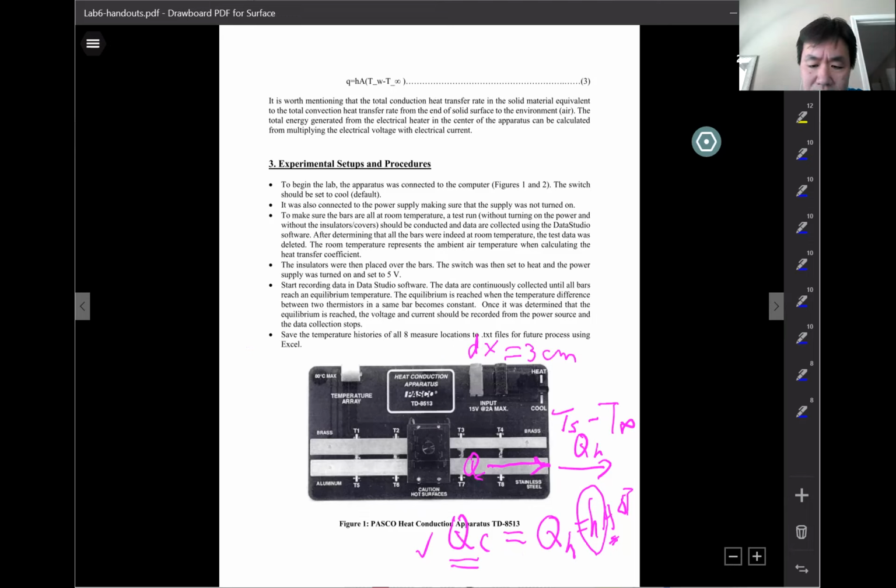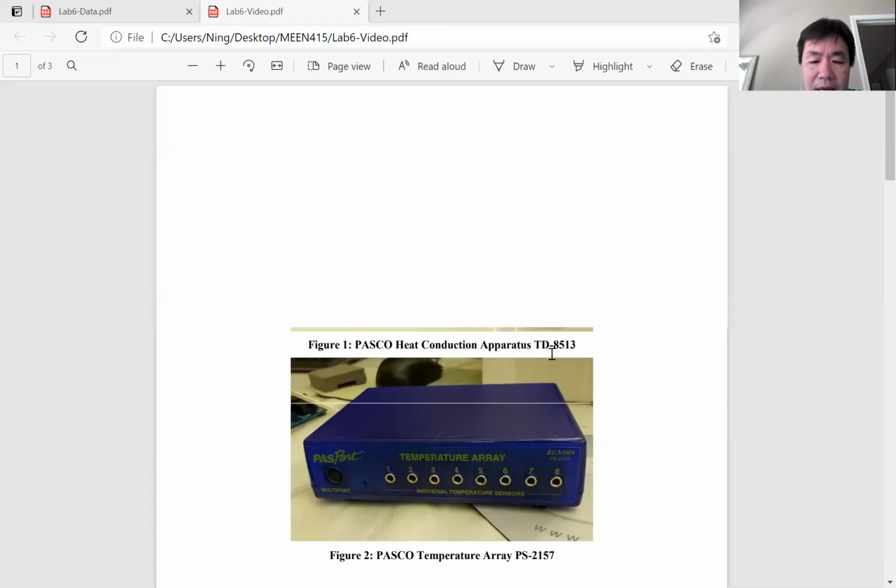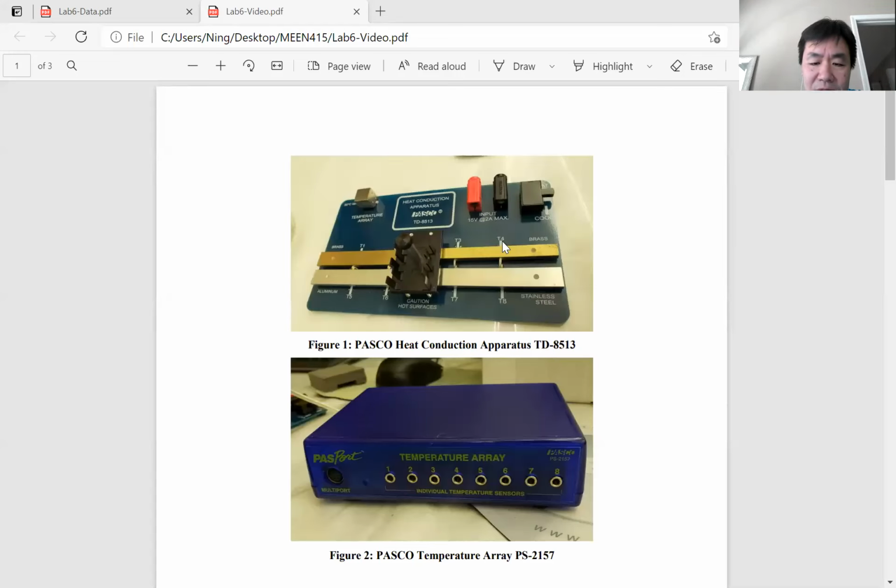Let me also show you some other pictures of the experiment. When we do this experiment, we connected one end of the device into the power supply. I already showed you.